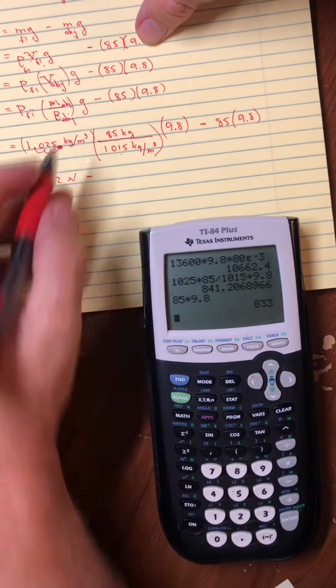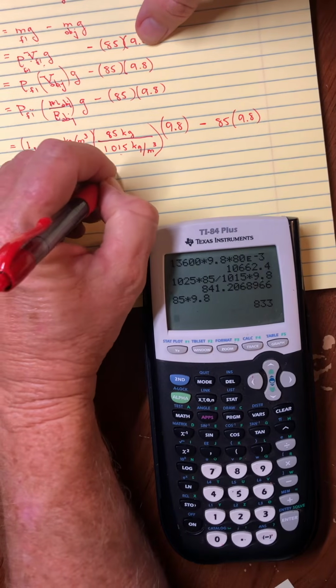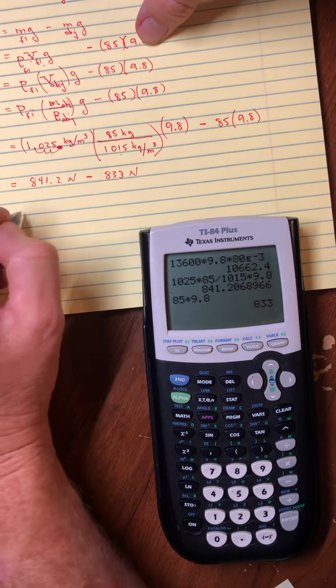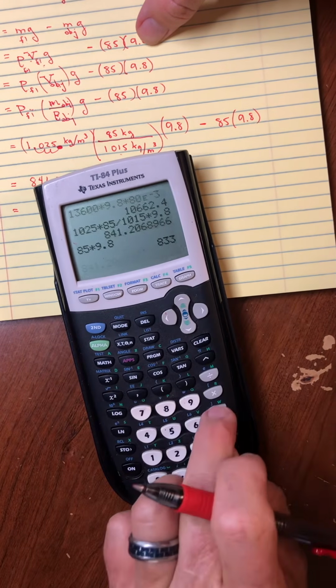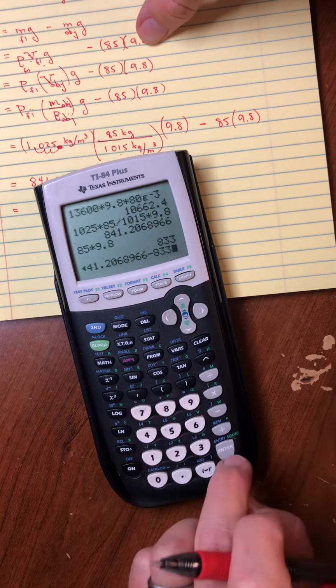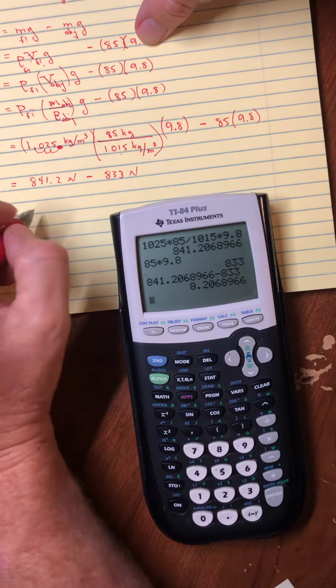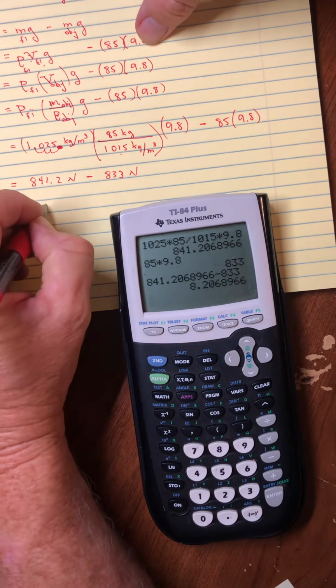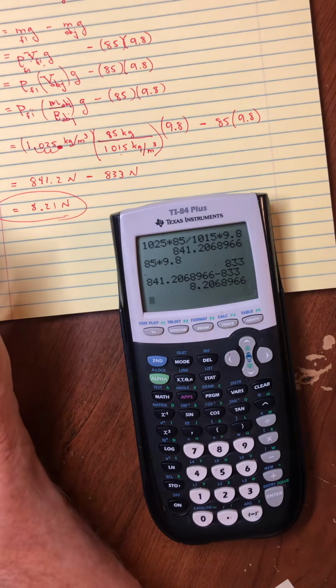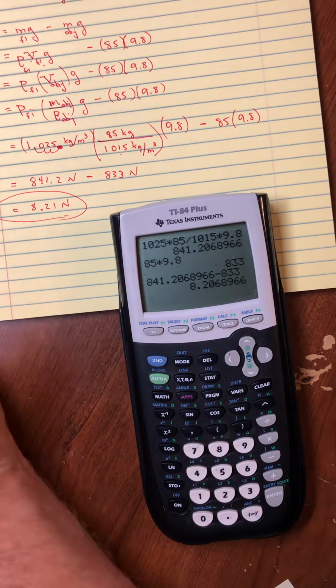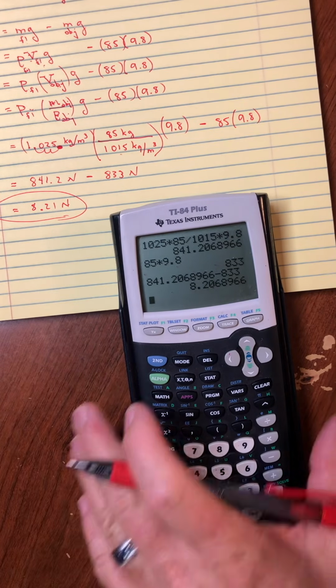And the weight of it is 833 newtons pulling it down. And so if we subtract the two, we're looking at about 8.21 newtons. And so just a little bit, which is good, just a very reasonable amount.